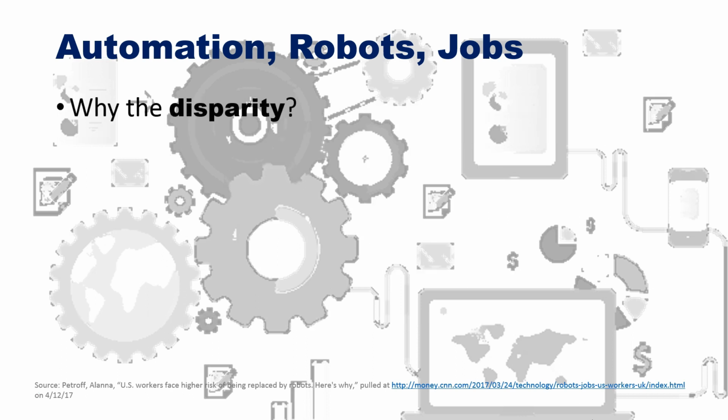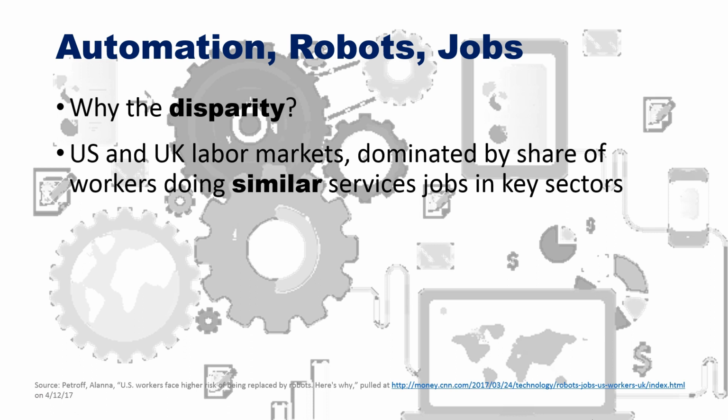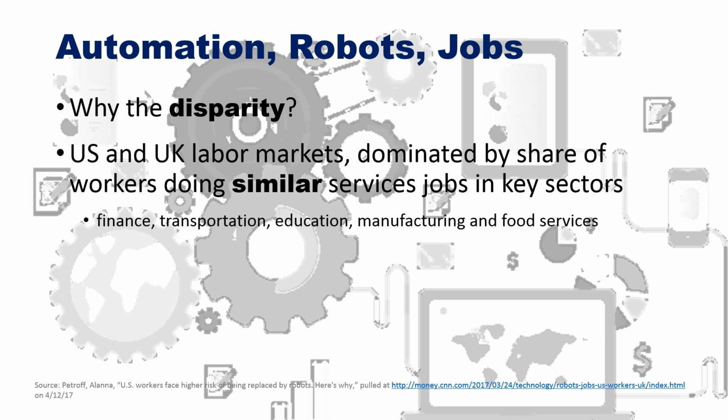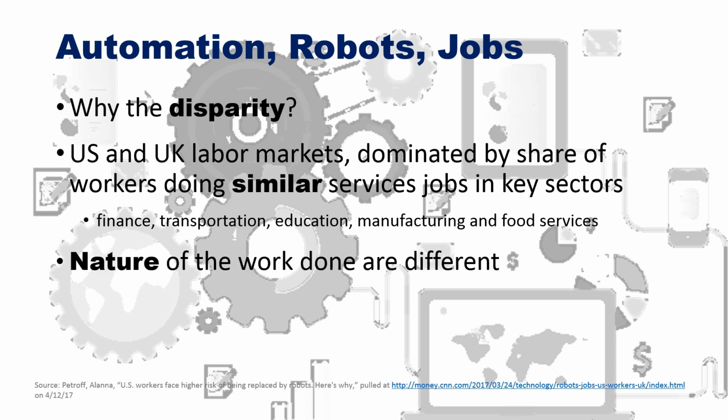You have to start asking yourself, why the disparity? Because the jobs in the US and the UK are around similar services in key sectors. So what are we talking about? Key sectors: finance, transportation, education, manufacturing, and food services. What's different is the nature of the work done.